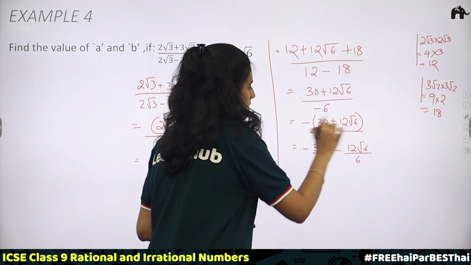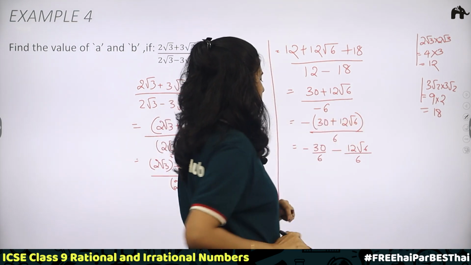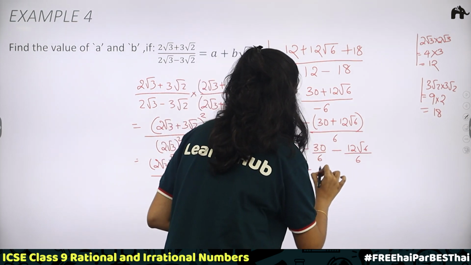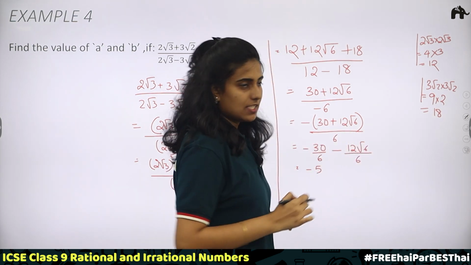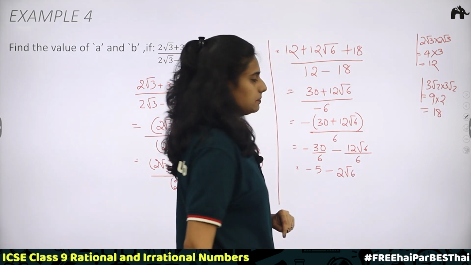You are distributing this negative sign and the 6 belongs to both of these. Denominator will be 6. Minus 30 divided by 6 will be equal to minus 5. Minus 12 root 6 divided by 6 will be equal to minus 2 root 6.